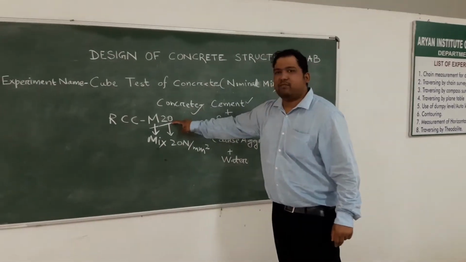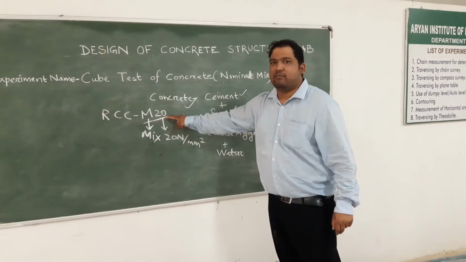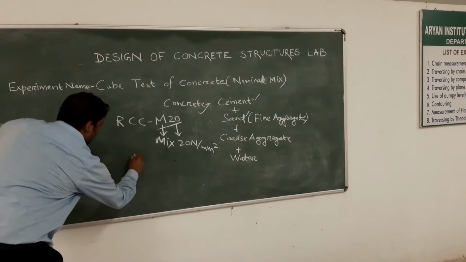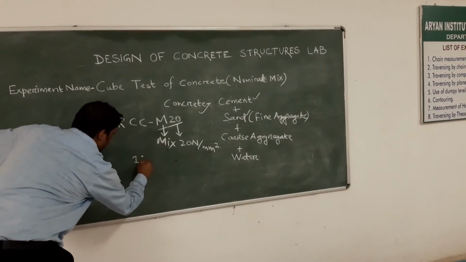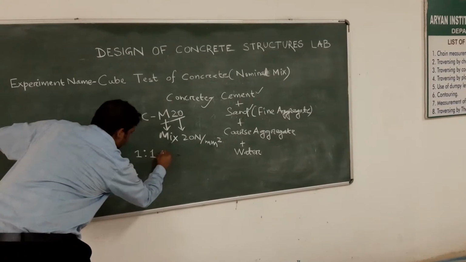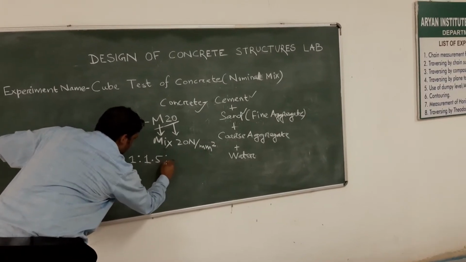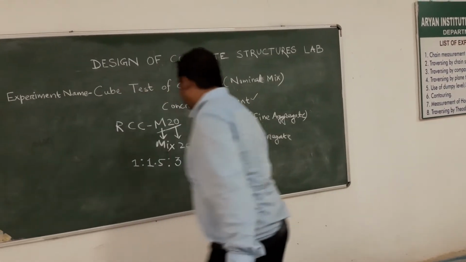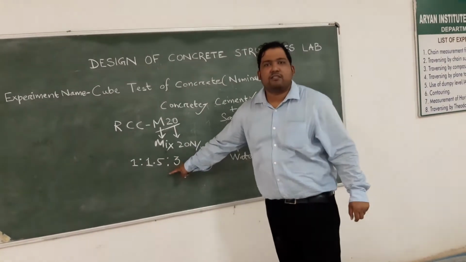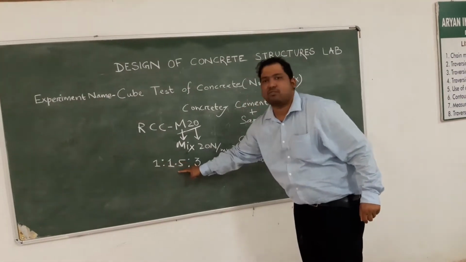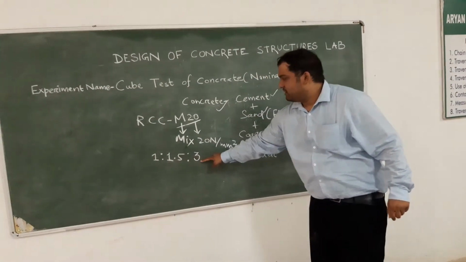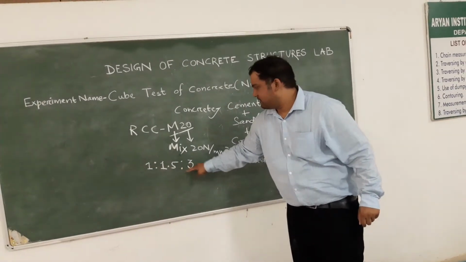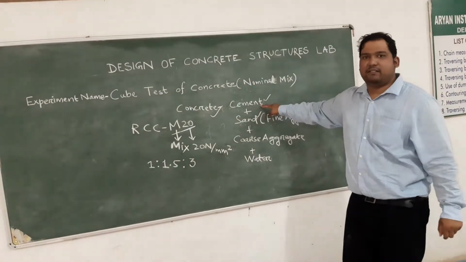So for M20 grade concrete, the proportion is 1 : 1.5 : 3. So what is this 1, this 1.5 and this 3? 1 is cement.